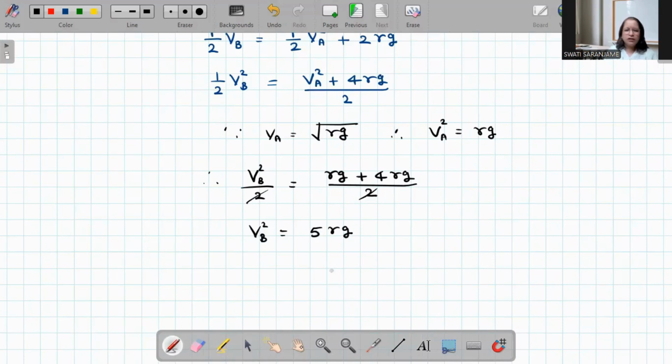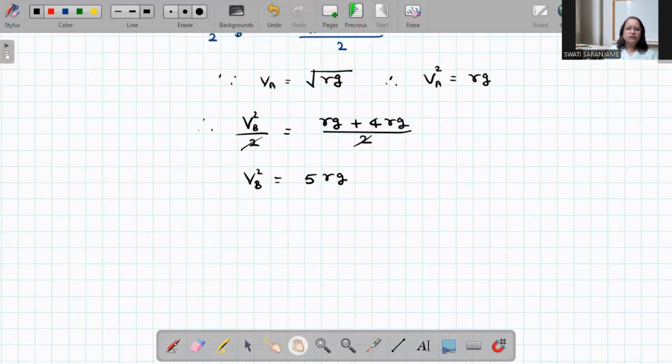5RG. As we want the formula for VB, that is the speed of the object performing vertical circular motion at the lower position, it is given by the square root of 5rg. That means we have taken the square root on both sides.